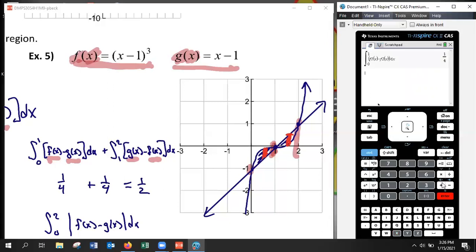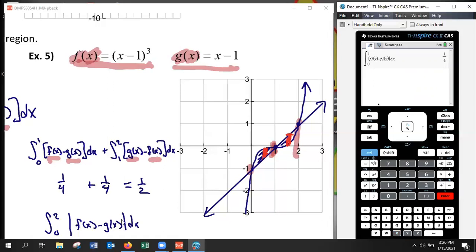Then dx, that gives us 1/4, which you can see I have there as well. And then we could recreate this by saying the integral from 1 to 2 of f2 minus f1, which will also give us 1/4.